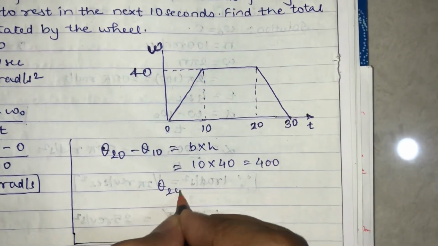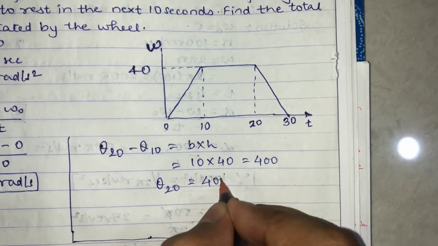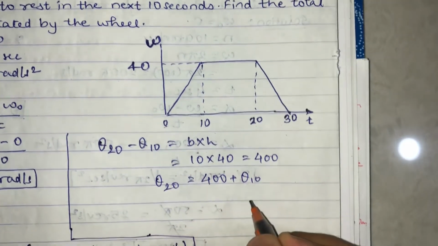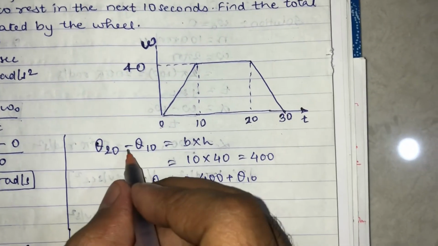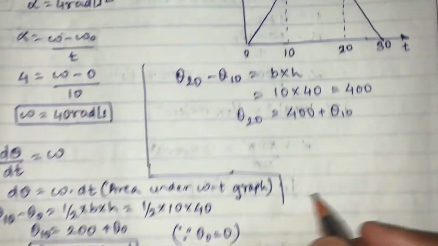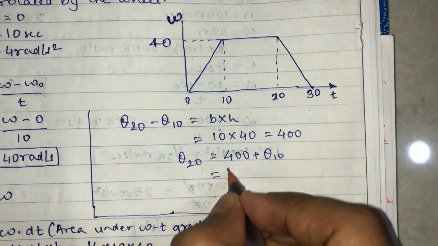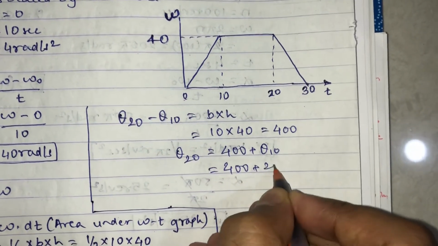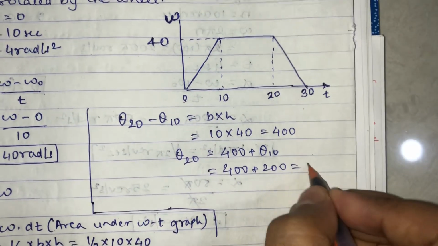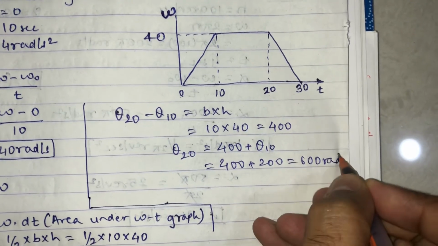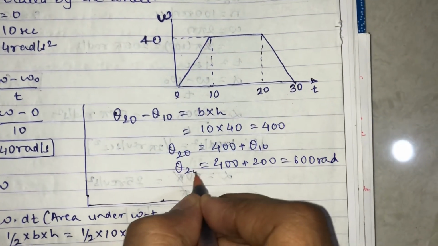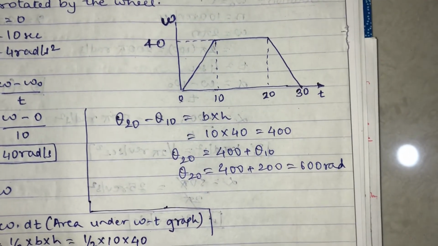So theta 20 is equal to 400 plus theta 10. What is theta 10 here? It is 200. So 400 plus 200 gives me 600 radian, which is theta 20.